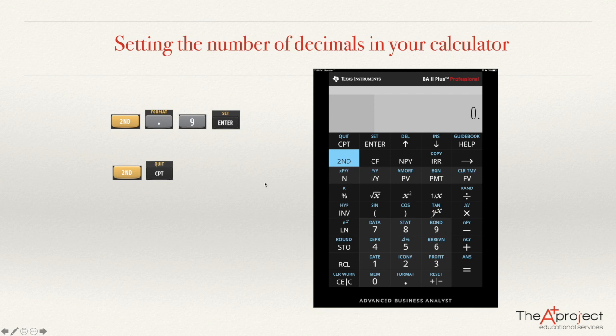And now you are out of this format worksheet. Choosing 9 as the number of decimals means that the calculator is going to use up to 9 decimal places. The number of decimals that will appear now for every result will be the number of decimals that the computation actually has at the end.